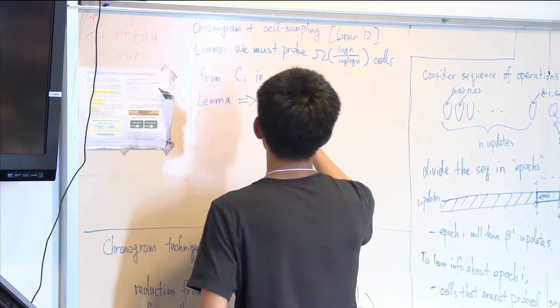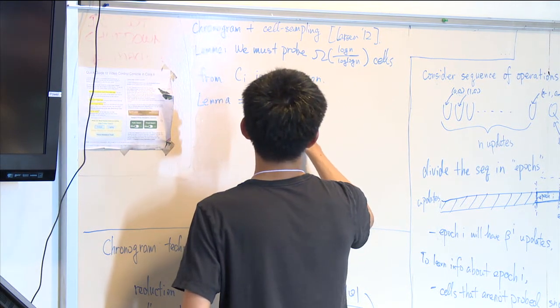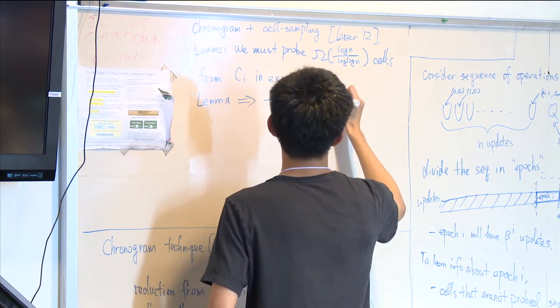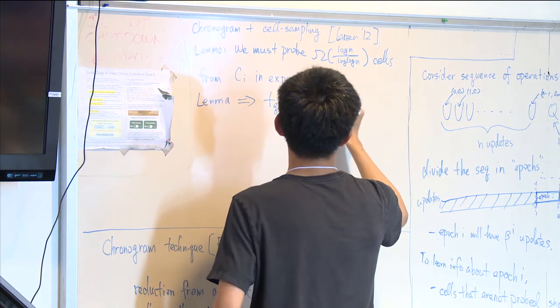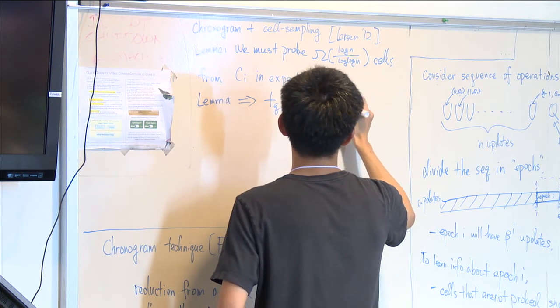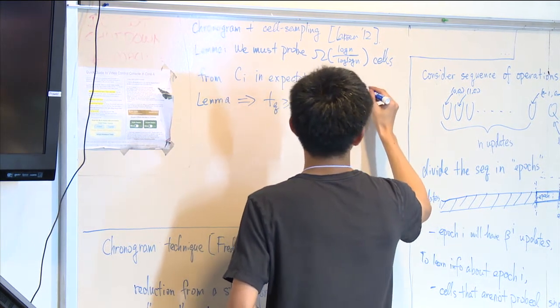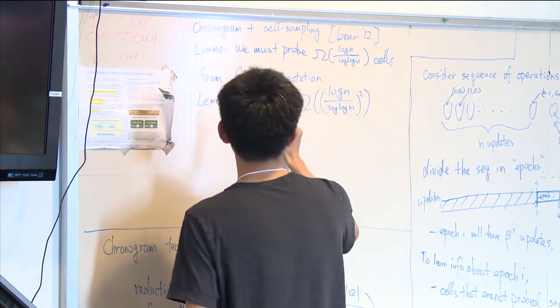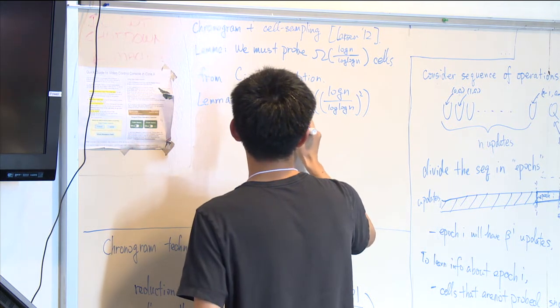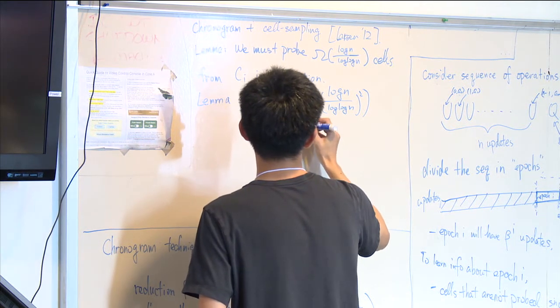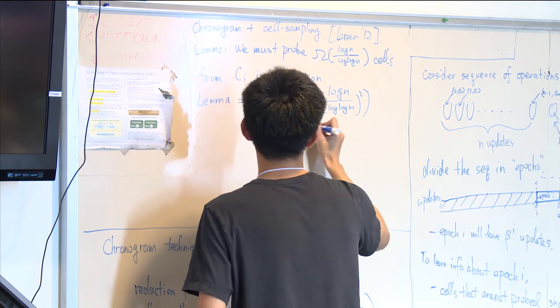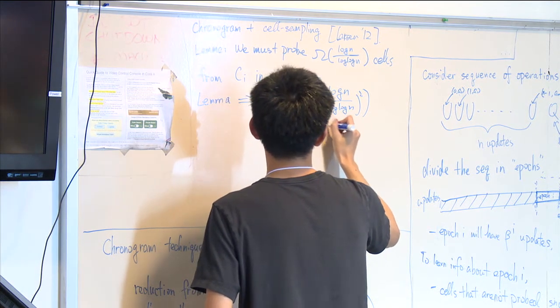It implies that the query time is at least log n over log log n squared for update time that is at most polylog n.